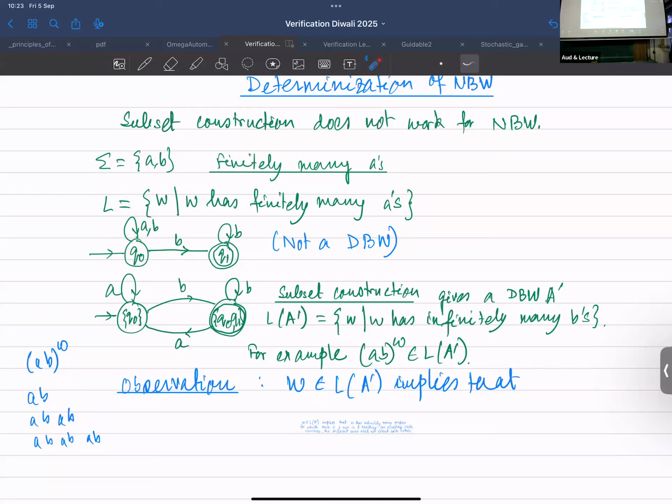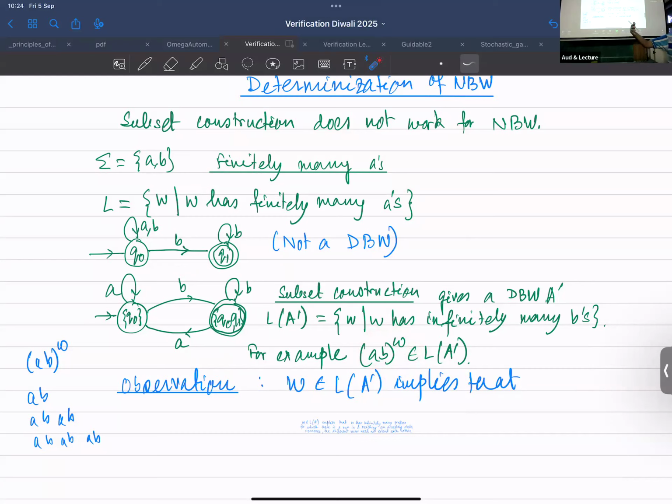So even if this word has infinitely many prefixes, and each of the prefixes ends in an accepting state, this word (AB)^ω is not accepted by this automaton, because you don't have a single run over this (AB)^ω for which all the prefixes will follow that single run.